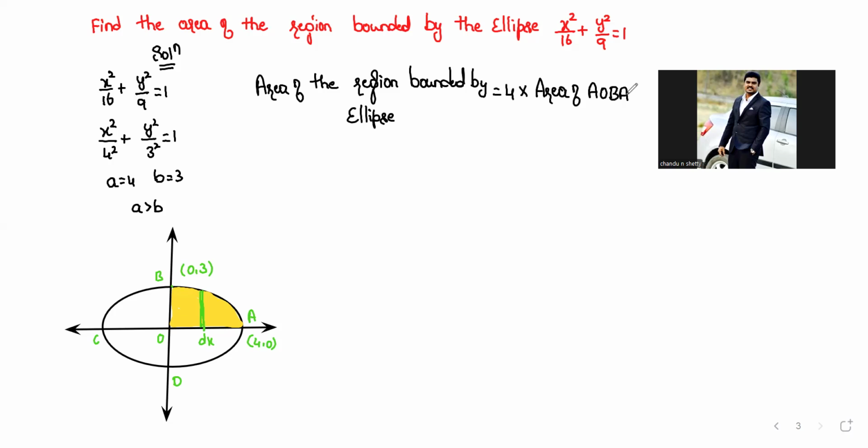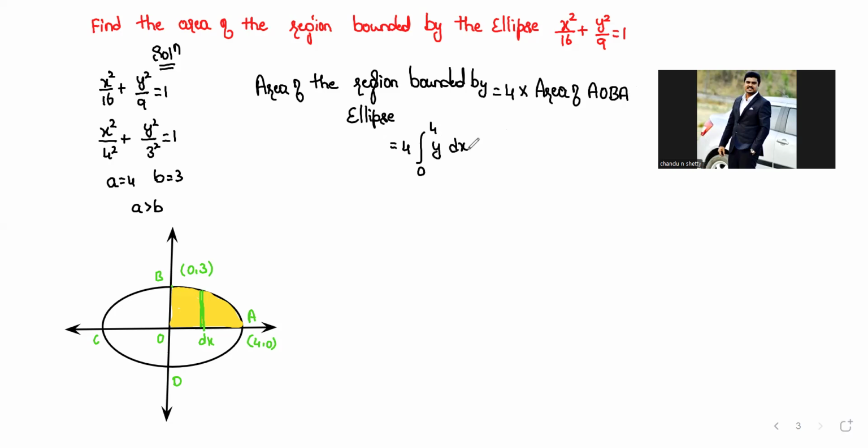I'm taking AOBA. Now we all know why we are taking 4. Already we all know, because we have the 4 quadrants in the ellipse, so we are taking 4 here. So now you should observe, 4 times the integral from 0 to 4 I am applying, because you should observe 0 to 4 we are taking here, of y dx.